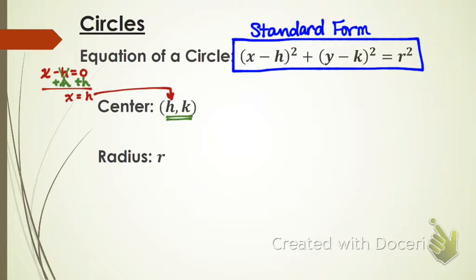Does that make sense? Same thing happens with the y and the k. It says y minus k inside the parentheses, but you would set that equal to 0 to find the actual k value for the center of the circle.